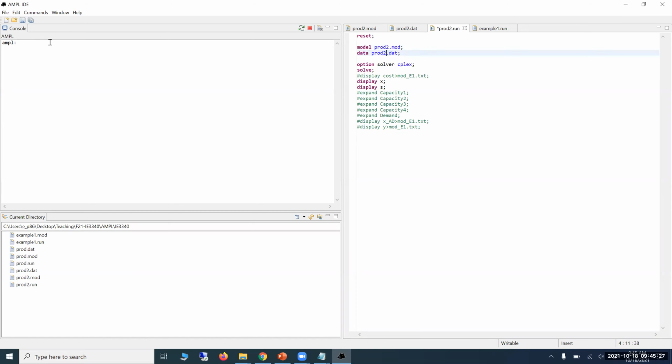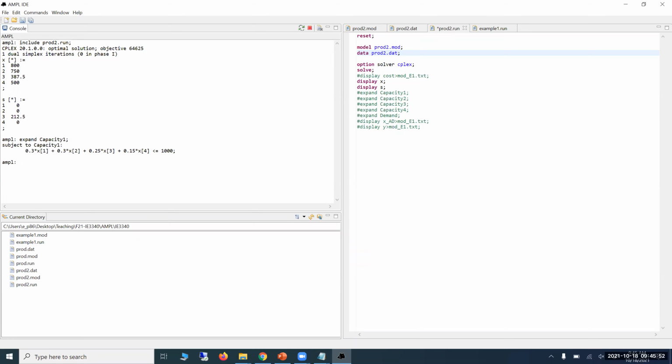And then if you fill this, to include product2.run. And if I expand some of these constraints, let's say expand capacity 1.